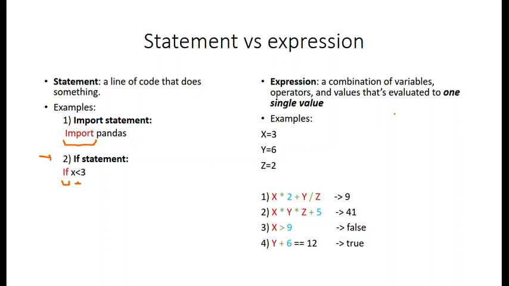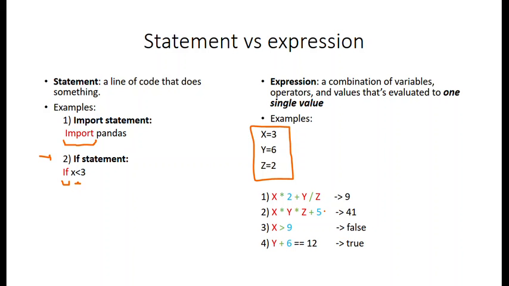Let's take this example here. Let's assume that we have declared three variables: x is equal to 3, y is 6, and z is 2. Let's look at the first example: x times 2 plus y divided by z.